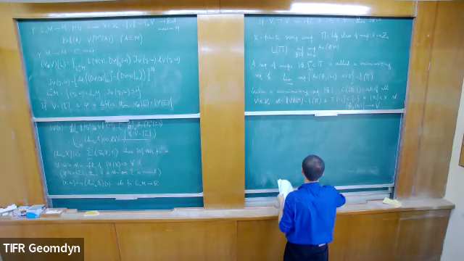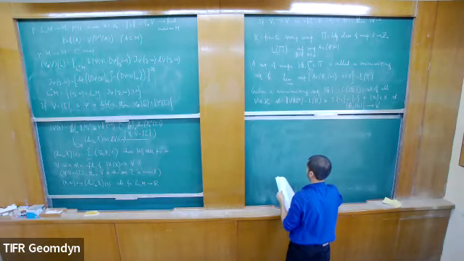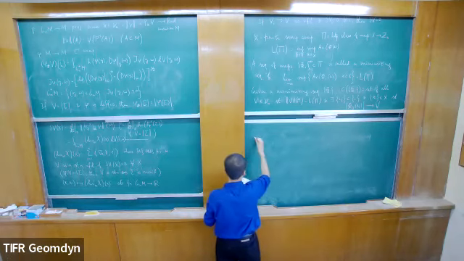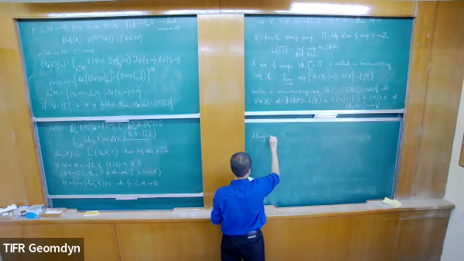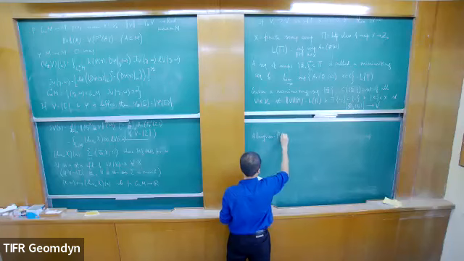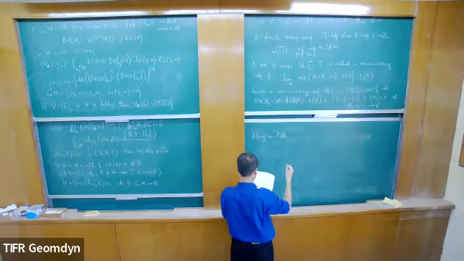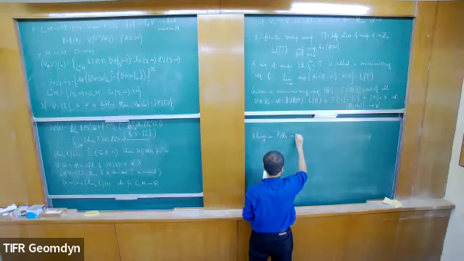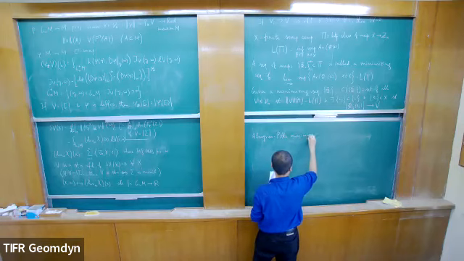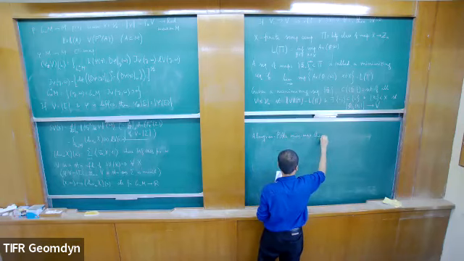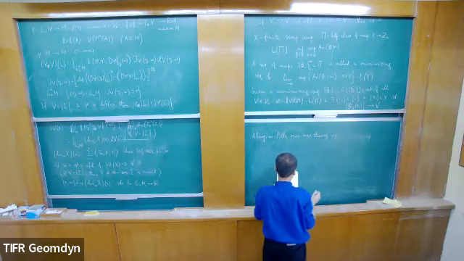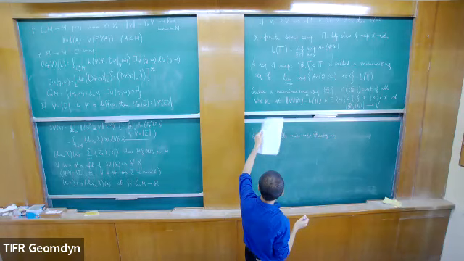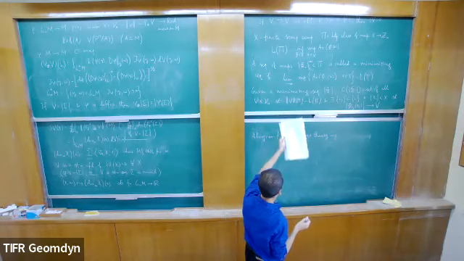So Almgren-Pitts min-max theory says the following. Let us fix a finite simplicial complex X and a homotopy class pi.